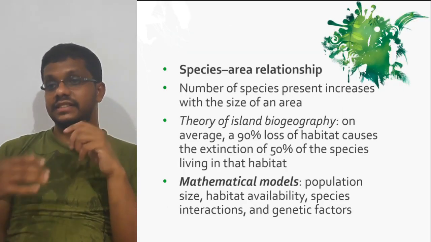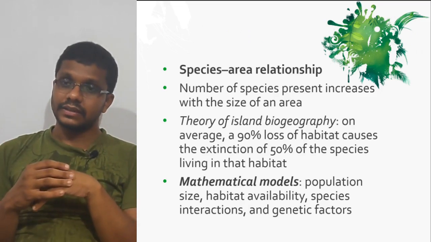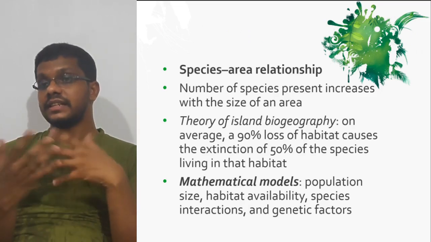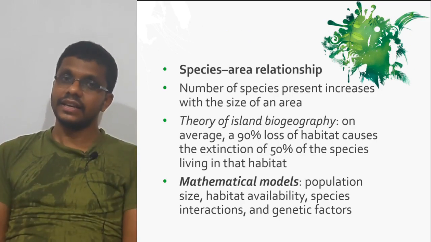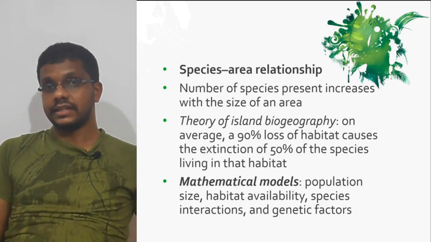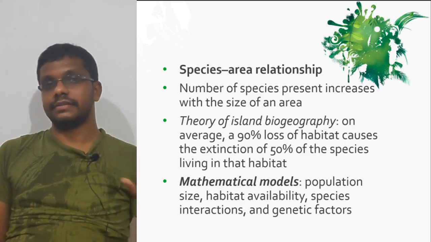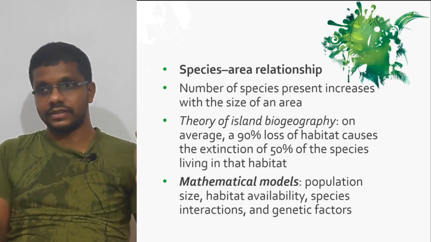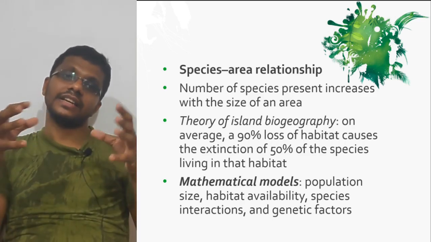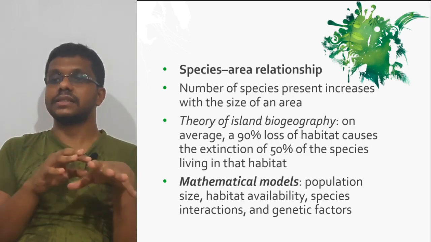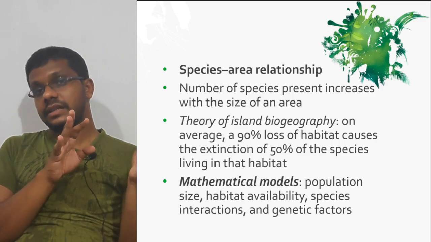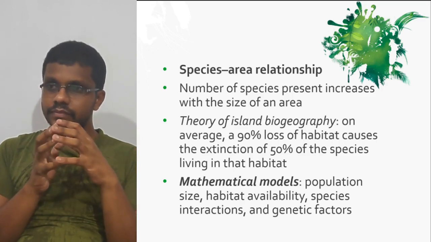Then we have the species-area relationship. That's simply that the number of species present increases with the size of an area. If the habitable area is high, the number of species will increase, the biodiversity will increase. If the habitable area shrinks, the number of species, the diversity, will reduce. That's a simple relationship between the species diversity and the area.